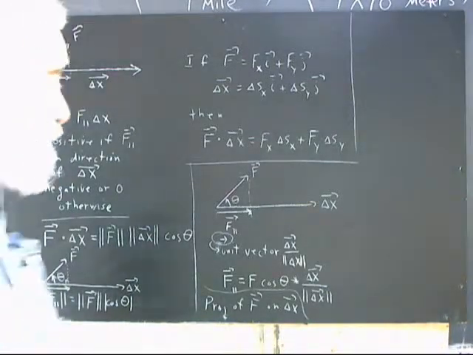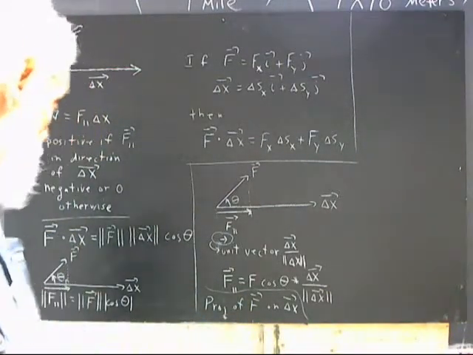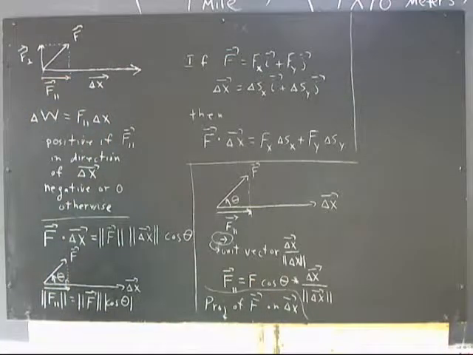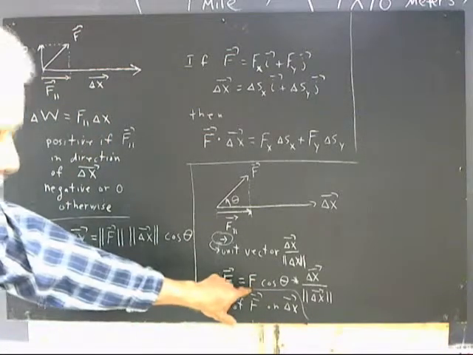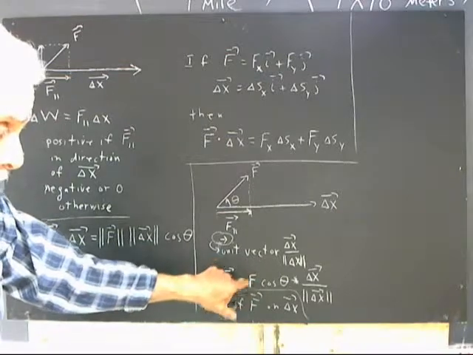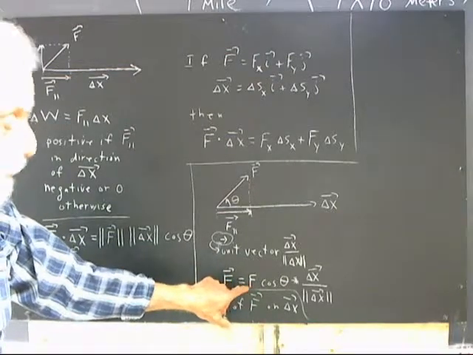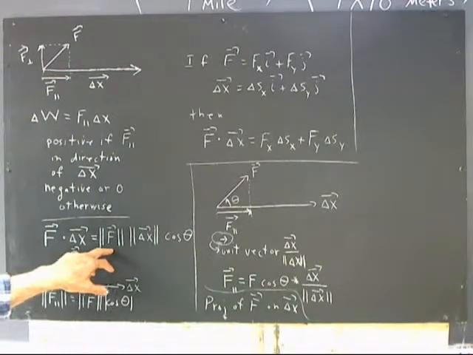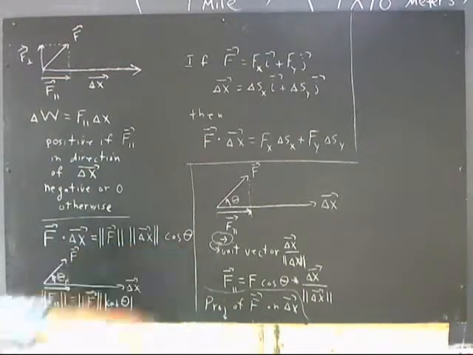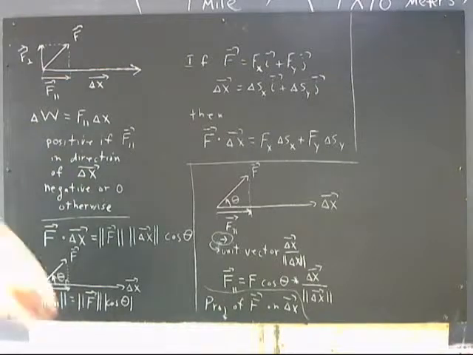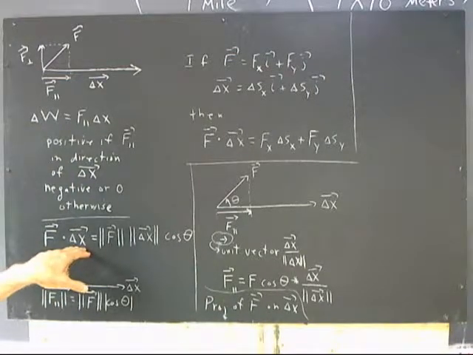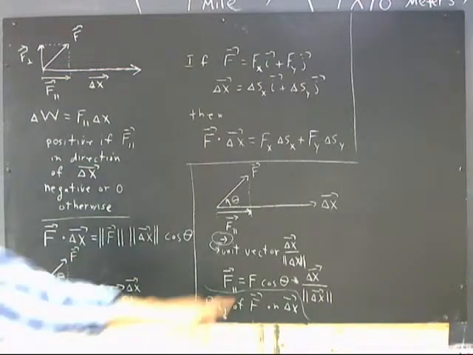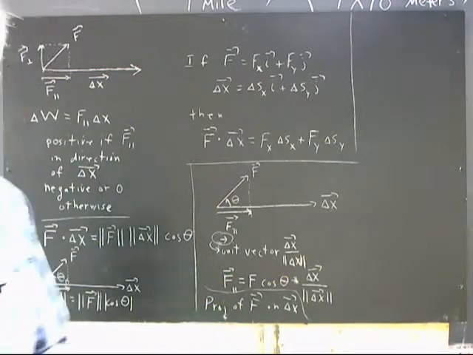Now this projection is easy to calculate. How do we get F cosine theta? Well, F without the arrow over it stands for the magnitude of F. F dot delta x is the magnitude of F, magnitude of delta x, cosine theta. So if we divide F dot delta x by the magnitude of delta x, we get F cosine theta.